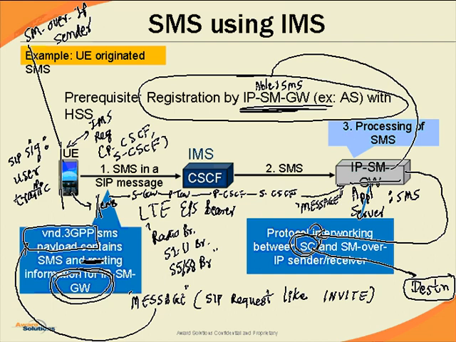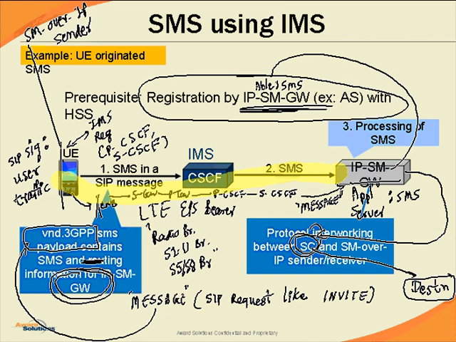Then from the IP short message gateway, the message will find its way all the way back to the UE. So here we are using the LTE interface, and over the LTE interface, instead of a voice IP packet, an IP packet containing a SIP request called MESSAGE is transmitted, and that's how we can take care of SMS.